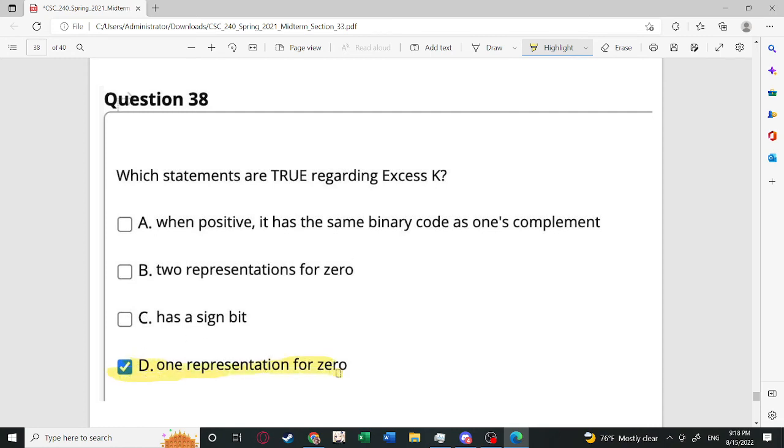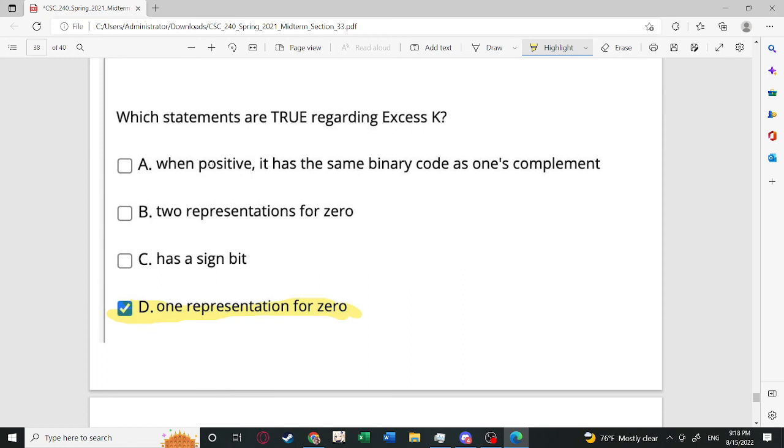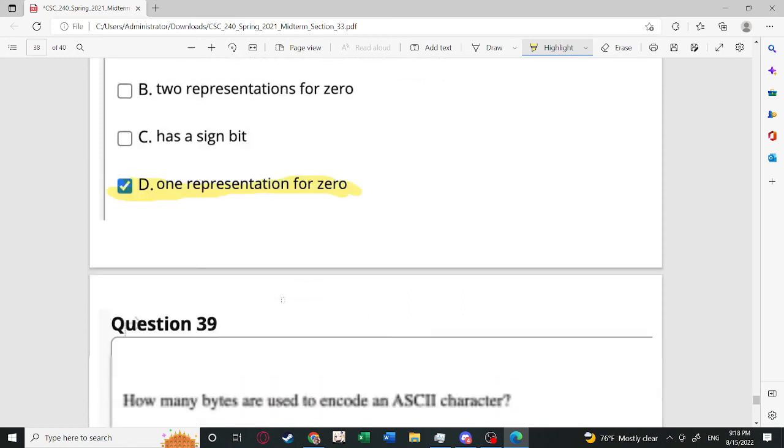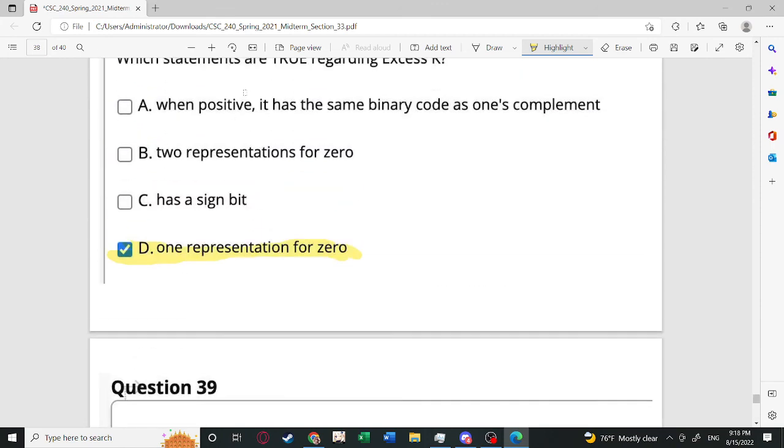But they're missing one. Wait. Oh, it's only D. Because depending on how big the K is, it might be different.